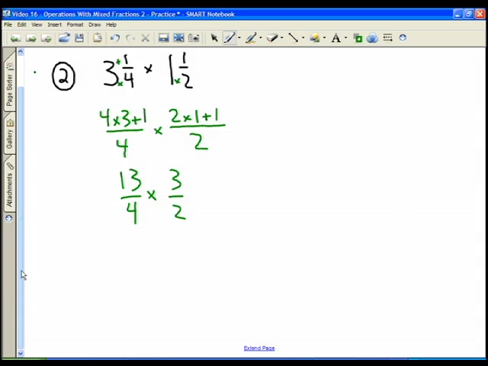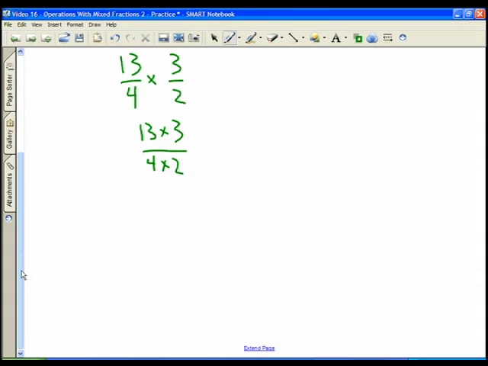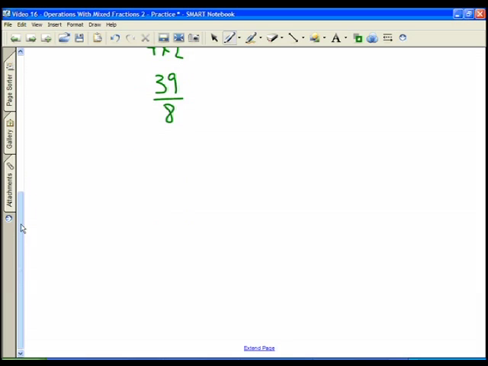And there's nothing really we can reduce here top to bottom in either fraction, so we just multiply straight across and we get 13 times 3 over 4 times 2, which gives us 3 times 13 is 39/8. And we can convert 39/8 into a mixed fraction by seeing how many times 8 goes into 39.